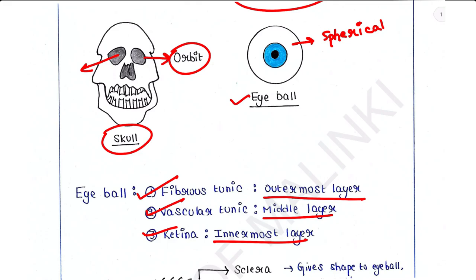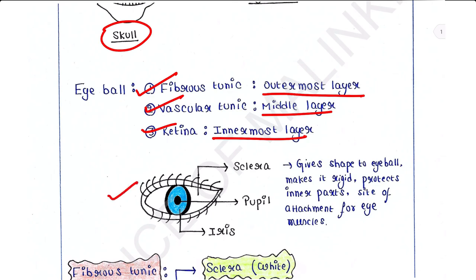Now see this image. We are habituated to see the eye in this form, right? So here is the eyeball, and only three parts of the eye are visible from outside.